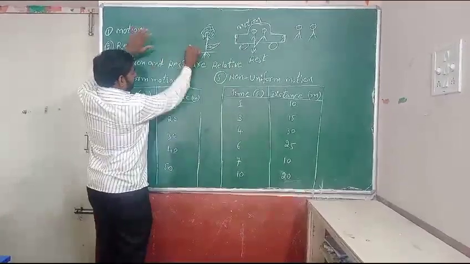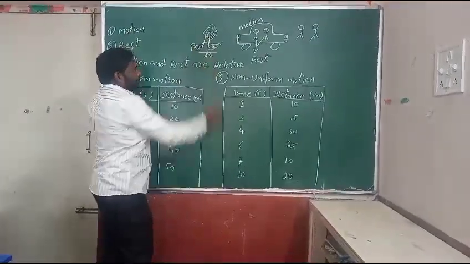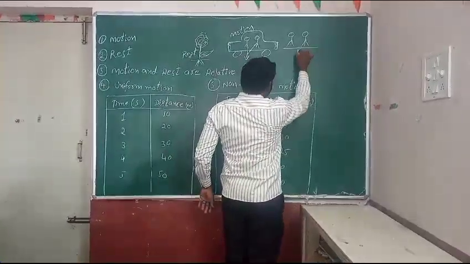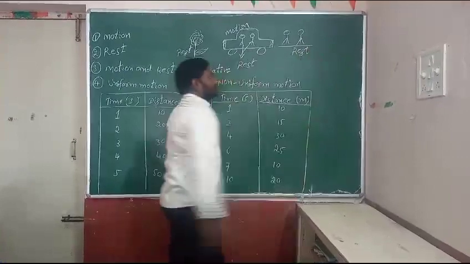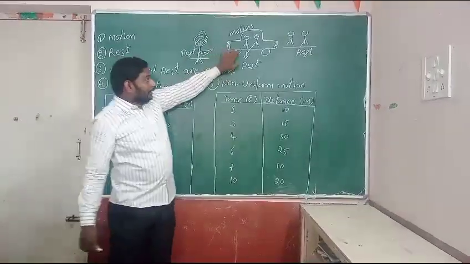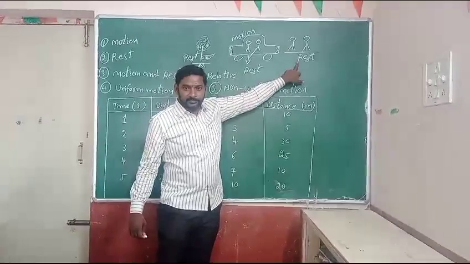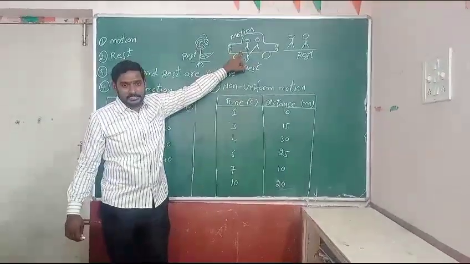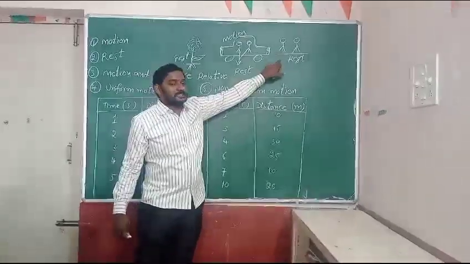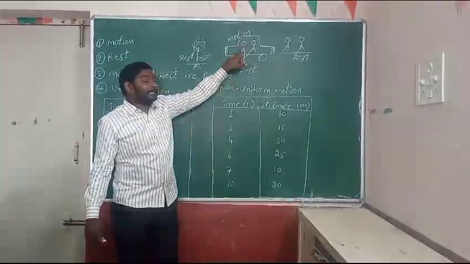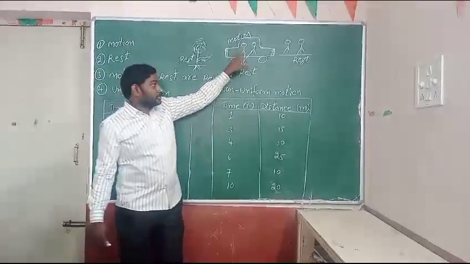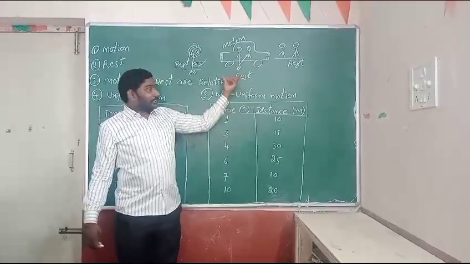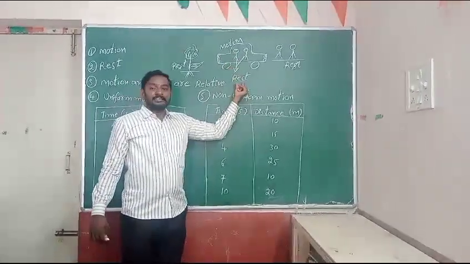One tree is there, and its state is also rest, and two persons are standing, and their state is also rest. Now, according to the two standing persons, what is the state of the two passengers? When they observe the two passengers, the passengers appear to be in motion. But actually the original state of the two passengers is rest.